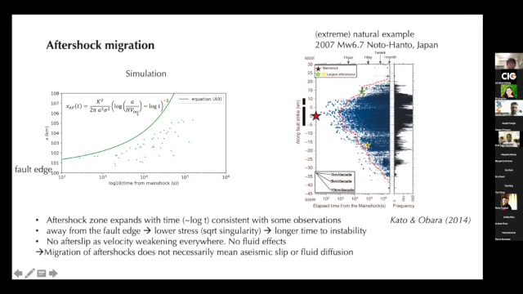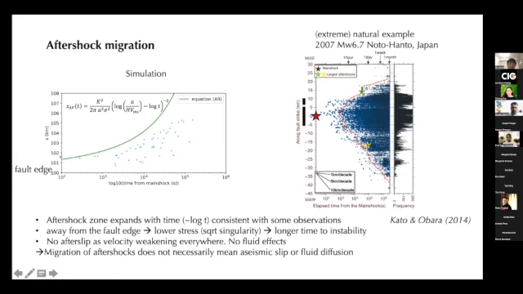My simulation also reproduces aftershock migration like this plot, and the simulation shows logarithmic time expansion.